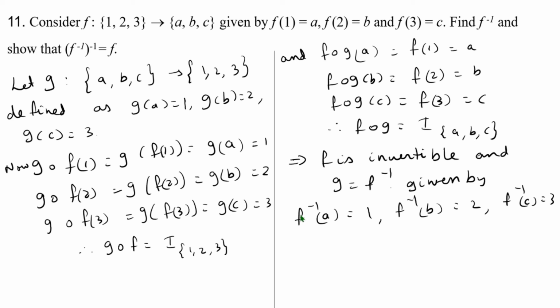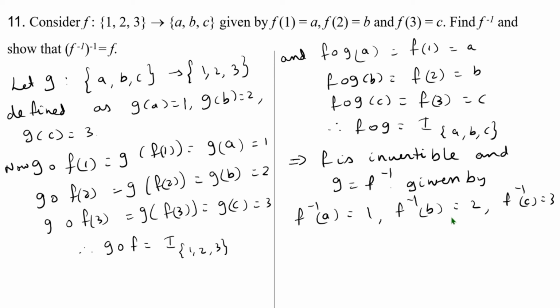So, we have got G of F is equal to the identity function on the set {1, 2, 3} and F of G is equal to the identity function on the set {A, B, C}. Therefore, F is invertible and G is equal to F inverse given by these values.